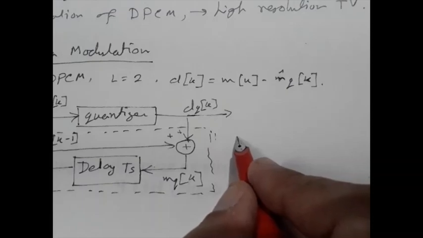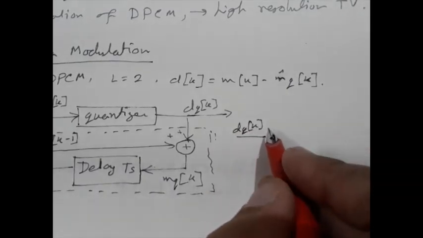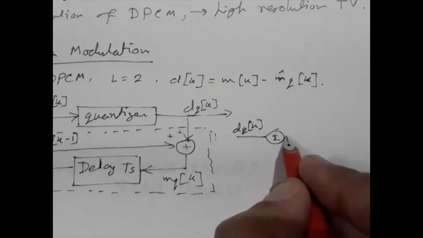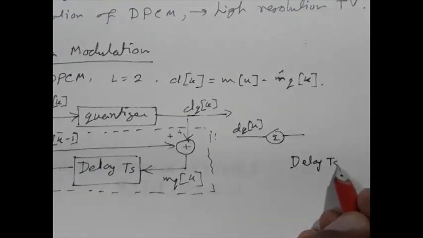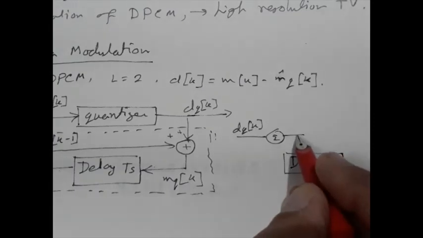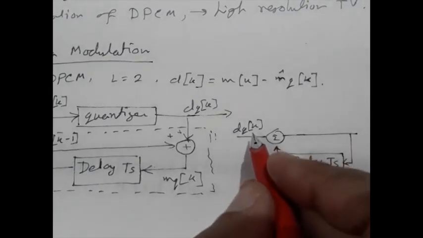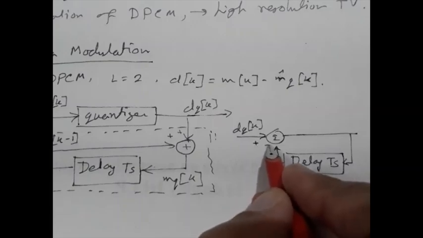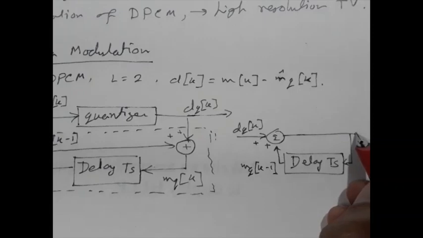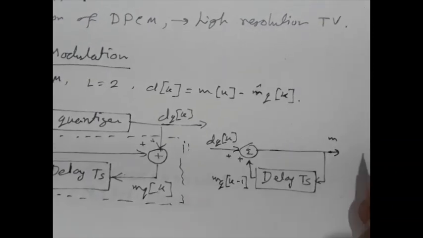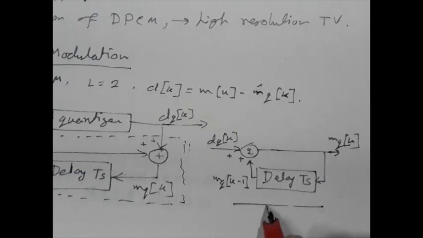So the receiver portion, if we draw it in a separate way, this is the demodulator part.